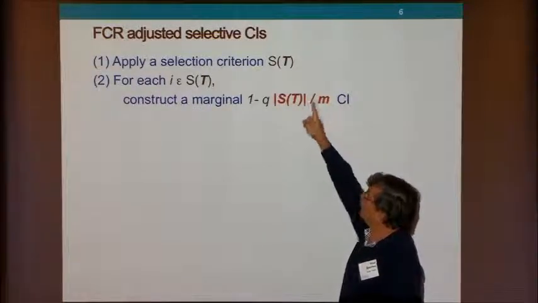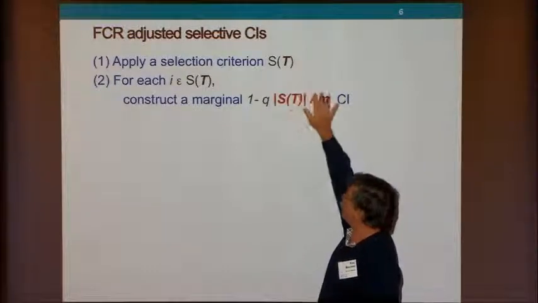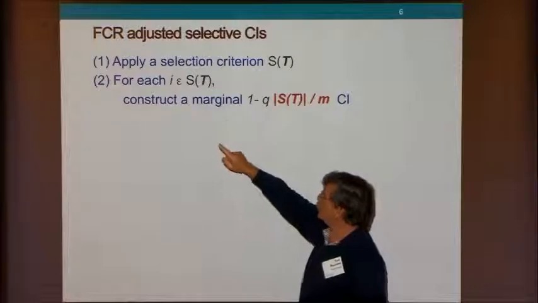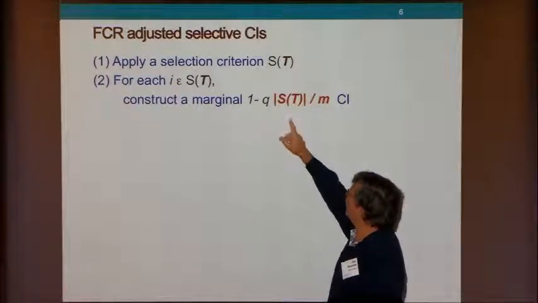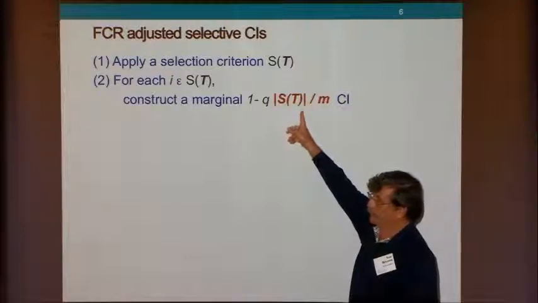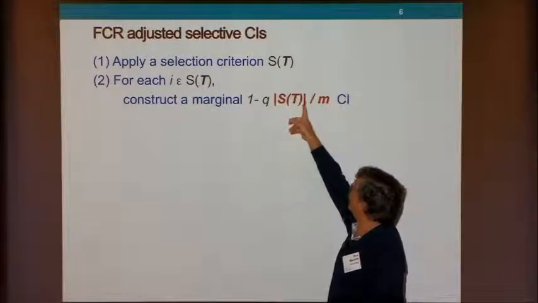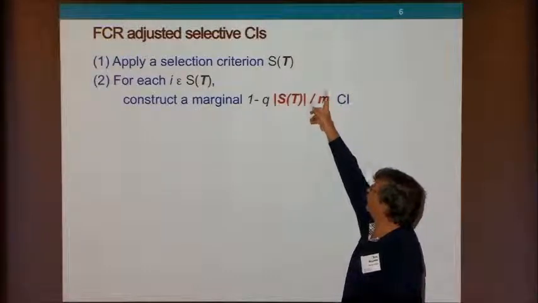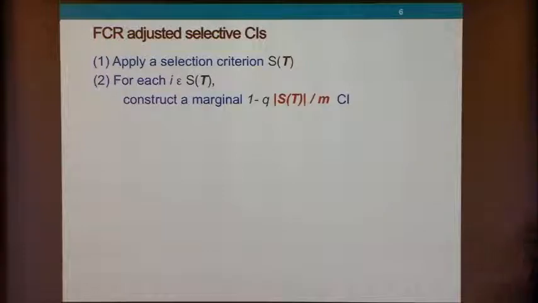So the FCR selective confidence interval procedure is: apply the selection criteria, and for each i in the selected set, construct a marginal confidence interval, but at a more conservative level. What is the conservative level? The number selected divided by the number from which I selected, the potential number that could have been selected. So I inflate the confidence interval in this direction.